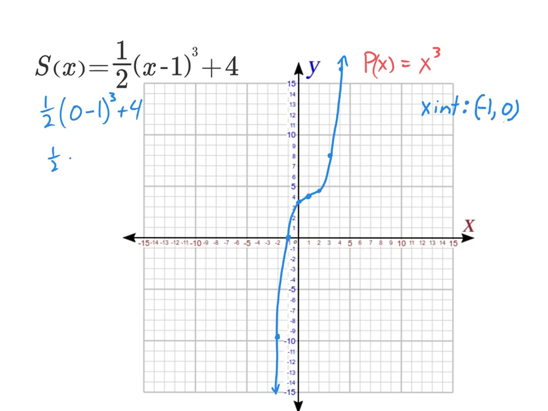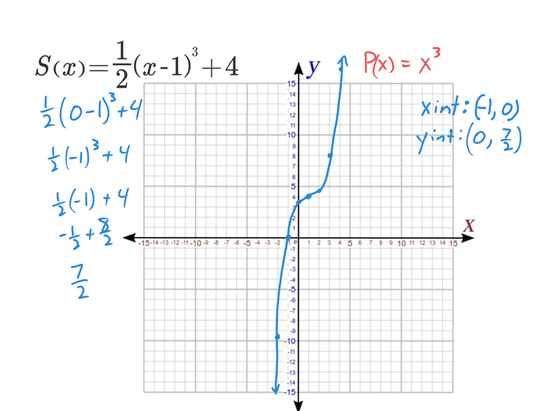Well, then we get 1/2 times -1 cubed plus 4. -1 cubed is -1, so negative 1 times 1/2 is negative 1/2, plus 4, which is 8 over 2. So you end up getting negative 1/2 plus 8 halves, which is going to be 7 halves. So my y-intercept is going to be 0, 7 halves. And there you have it.